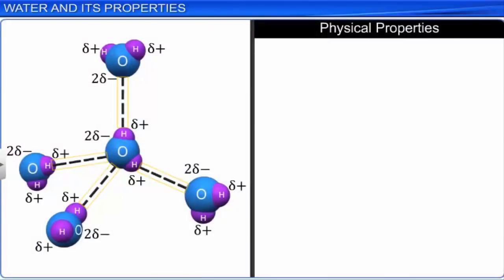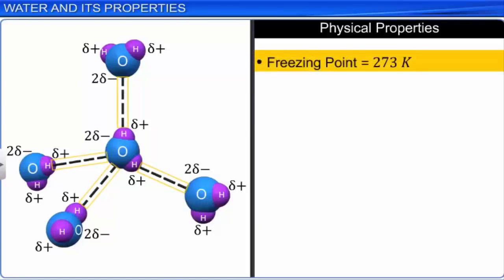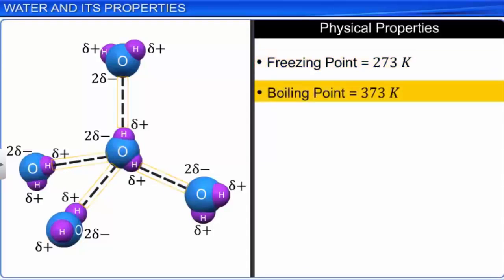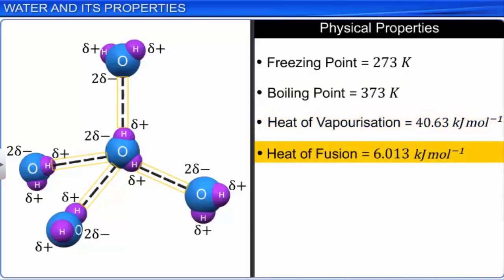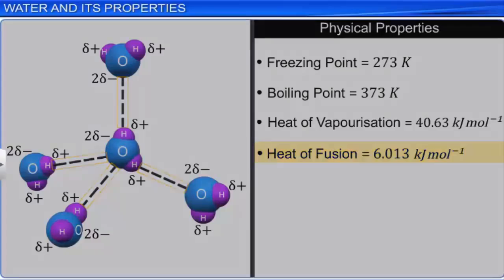Due to the presence of extensive hydrogen bonding in its molecules, water has a high freezing point, a high boiling point, a high heat of vaporization, and a high heat of fusion in comparison to hydrides formed from other group 16 elements, like H2S and H2Se.